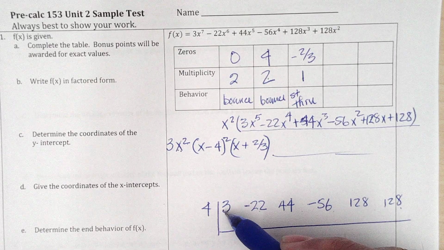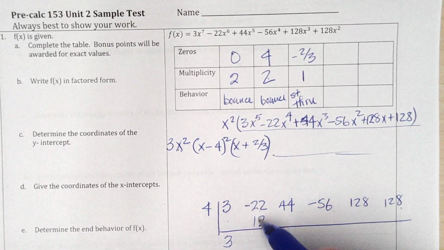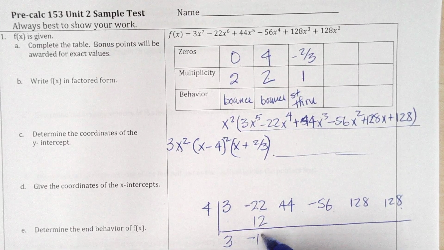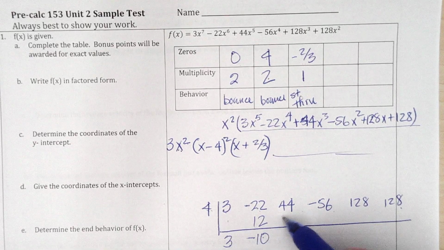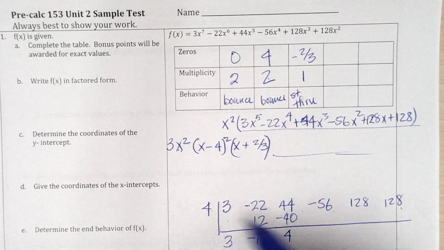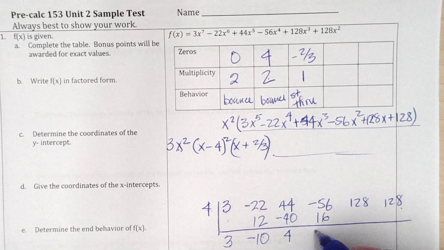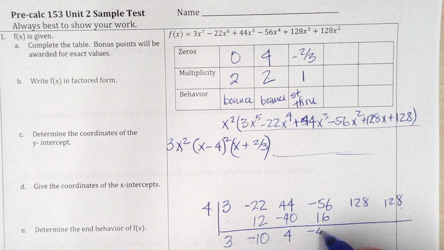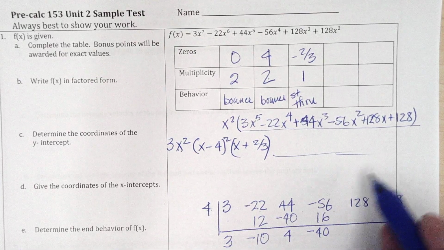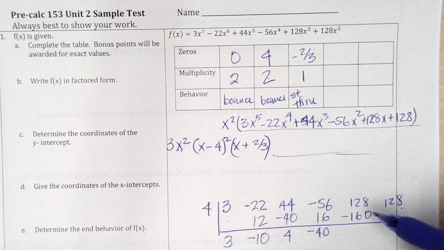So synthetic division, 3 plus nothing is 3 times 4 is 12. Add, and I get minus 10 times 4, that's negative 40. Add, I get 4 times 4 is 16. Add, I get negative 40 times 4 is negative 160.